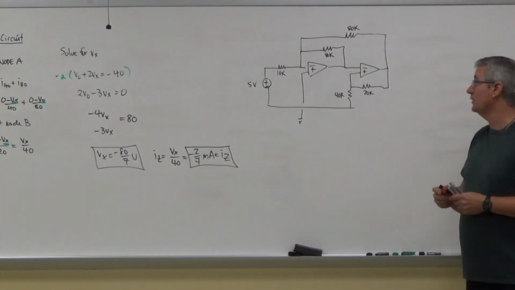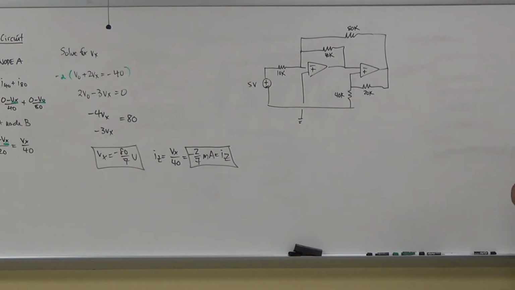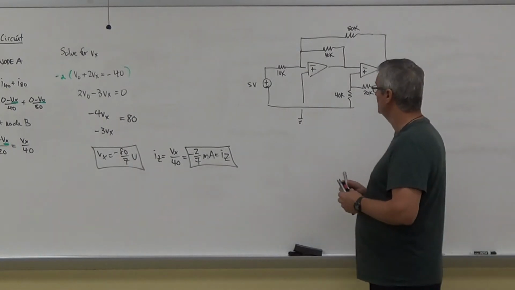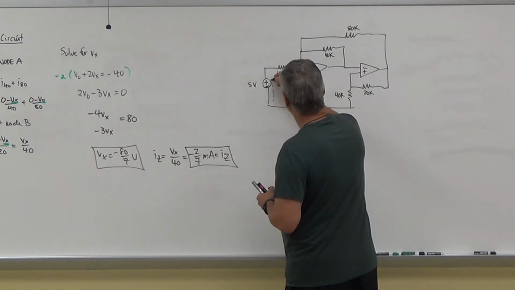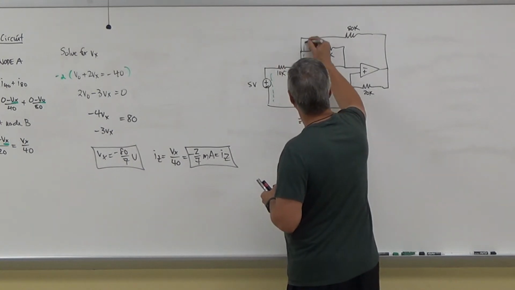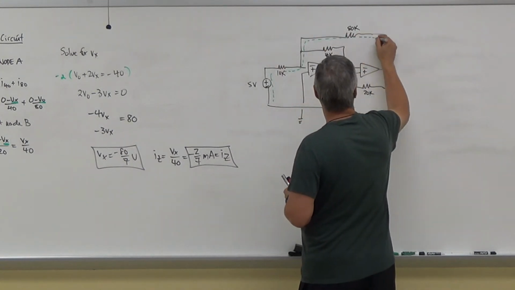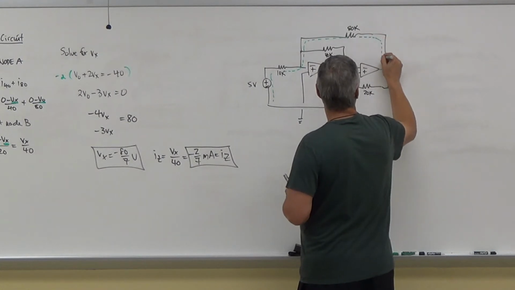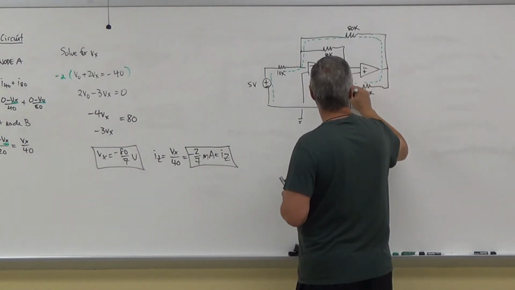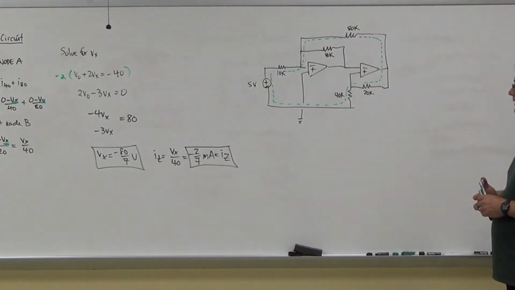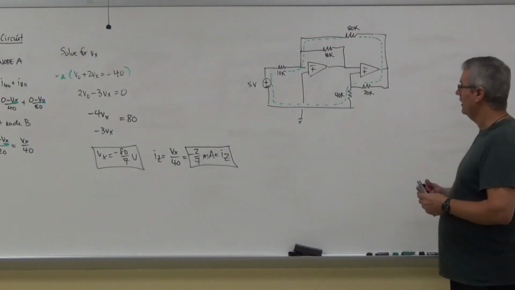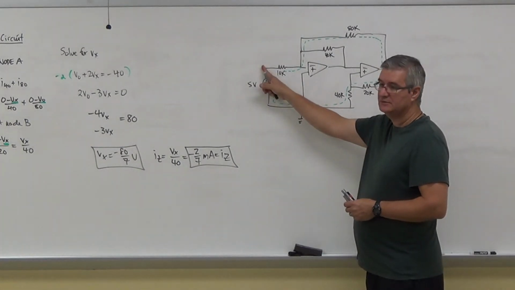Okay. So here's what a different group of people did, which I thought was super cool. They applied KVL. And what they did here is they went around the loop. I think they picked this loop right here. Is that what they did? I think they did this loop. So when you do this, clearly I know what that node is.